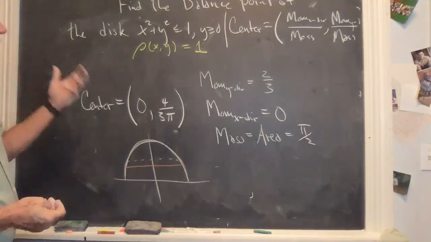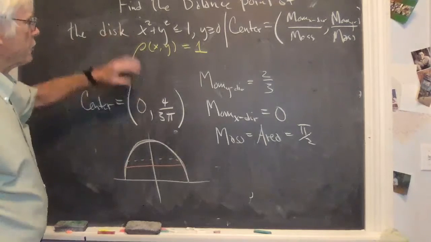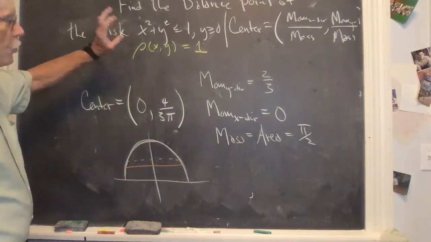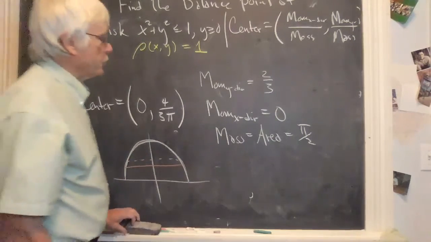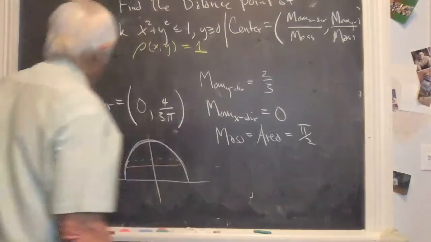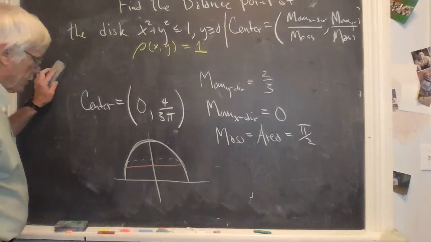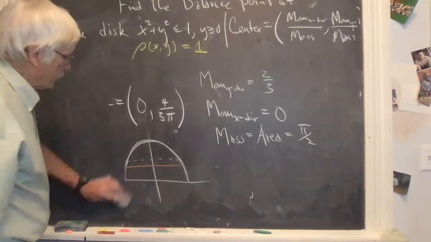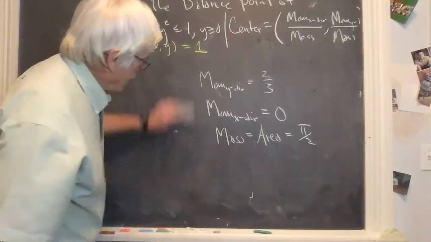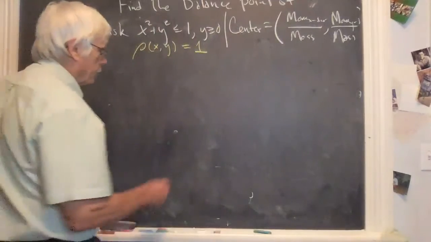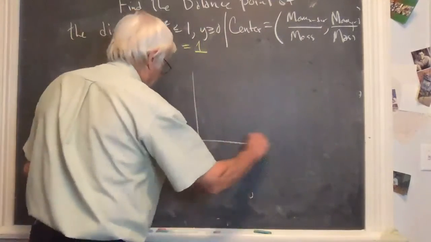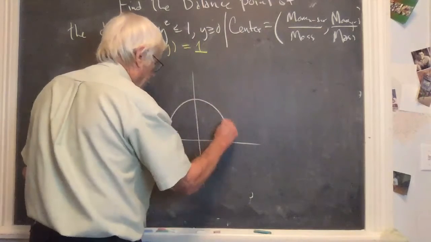So geometric centers, centers of mass, mass itself, or total charge, something like that, are all integrals. These moments are integrals of x and y times the density. Now, just a little bit more.